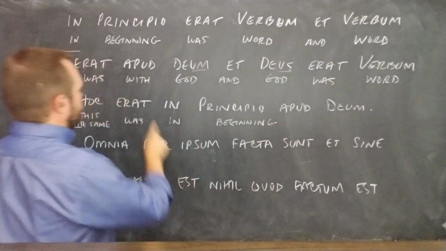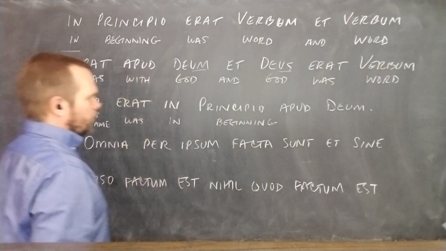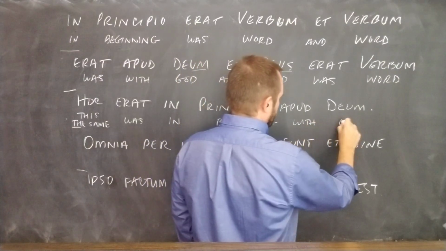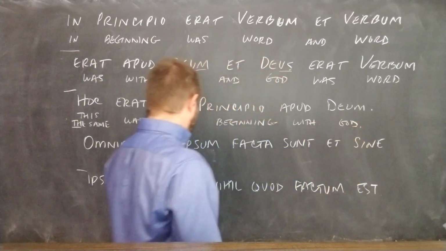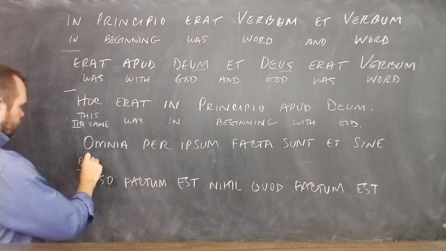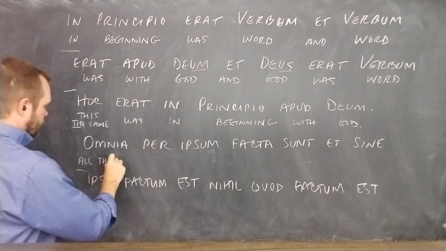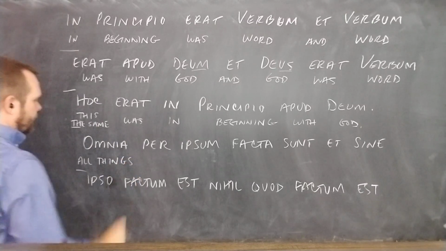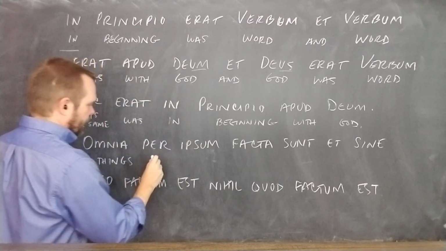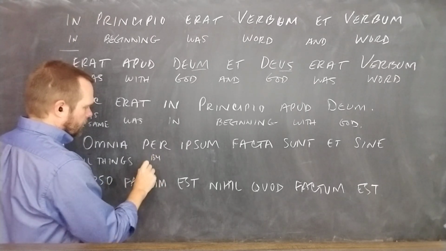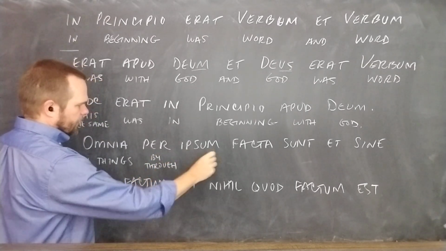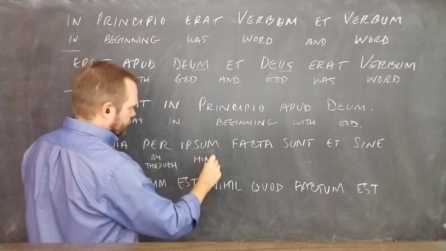Apud Deum, we already saw that, with God. Apud means with, and Deum means God. Omnia, the exposition tells me that omnia means all things, or everything, all things. Per ipsum, per can mean by or through, and ipsum means him.